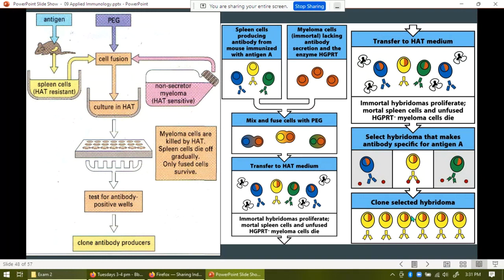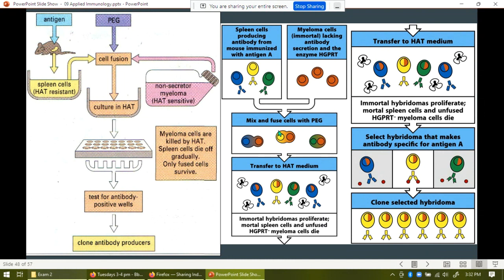Or you can turn it into a diagnostic agent. For example, in the QuantiFERON Gold tuberculosis test, this is how your interferon gamma antibodies are made. They're made in a mouse, and then they have myeloma cells, or hybridoma cells, for these.